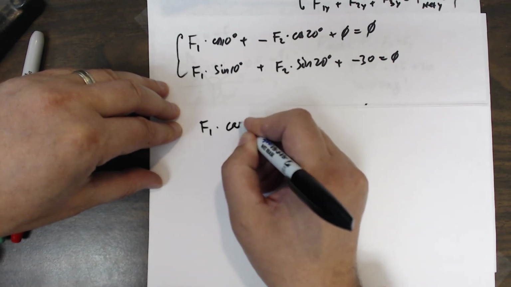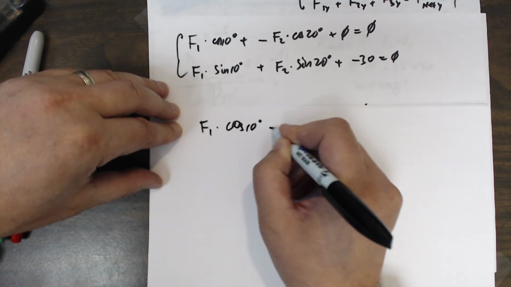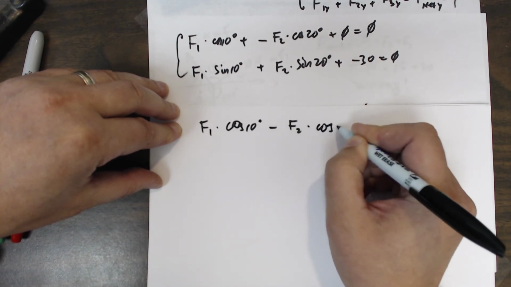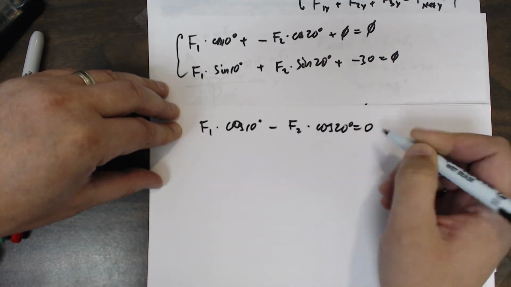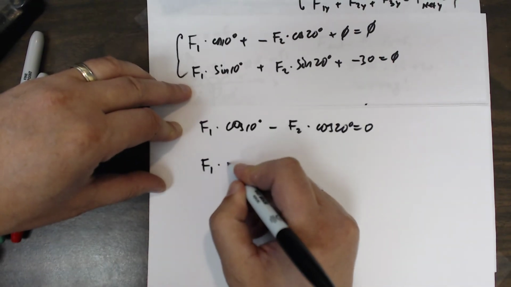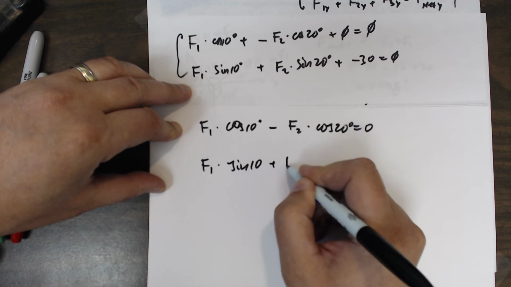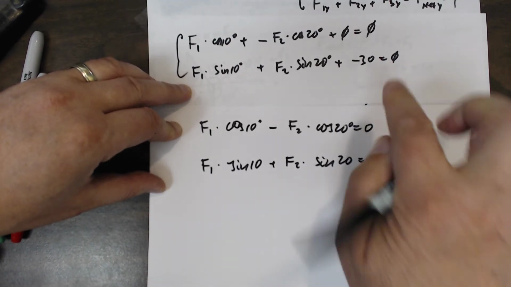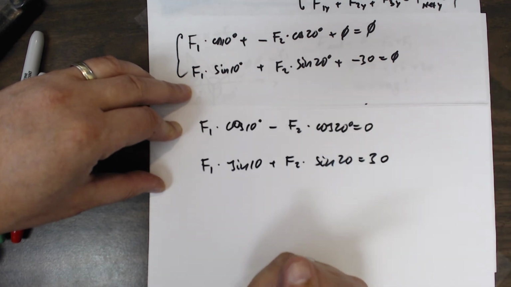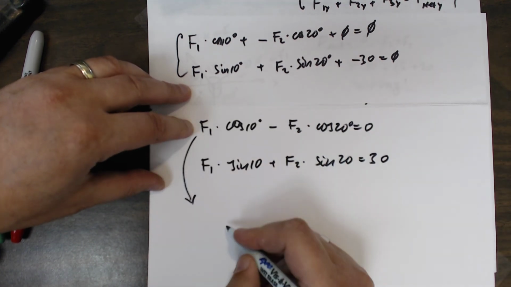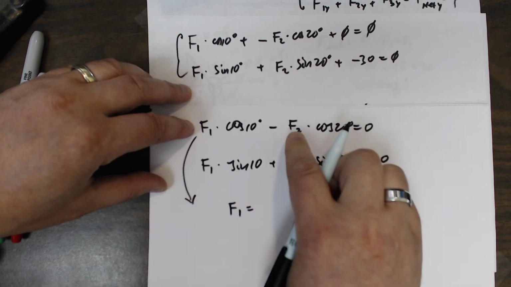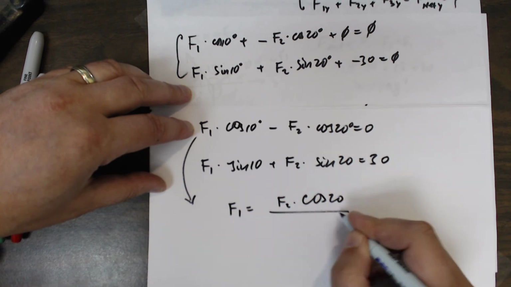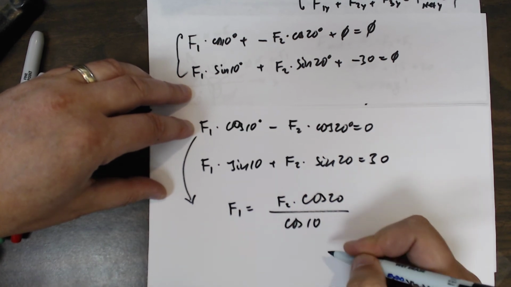F1 times cosine of 10 minus F2 times cosine of 20 equals 0, and here F1 times sine of 10 plus F2 times sine of 20 equals 30. From the first equation, F1 will be equal to F2 times cosine of 20 divided by cosine of 10.